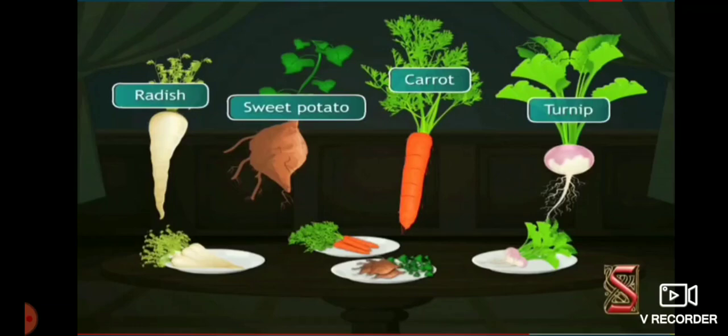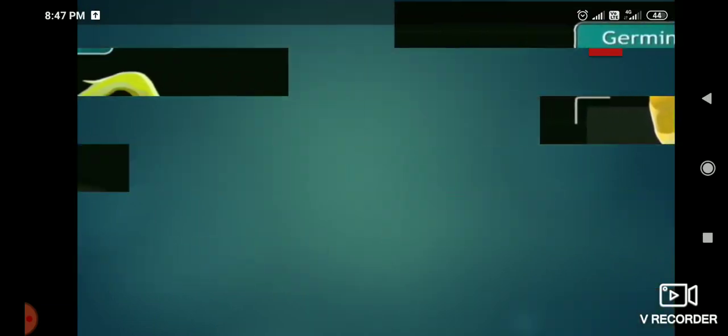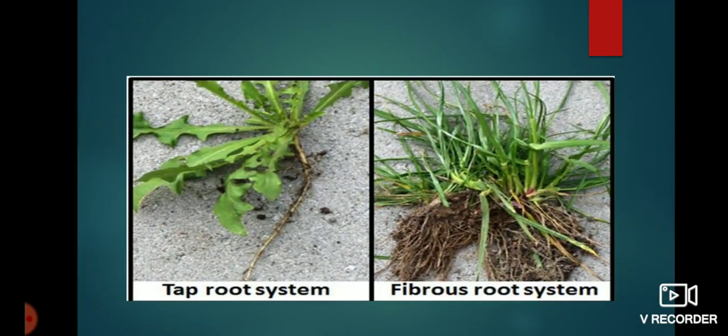So, we studied about roots in detail. Let us wind up that. In taproot system, which will be the leaf venation? Yes, reticulate venation. So, without pulling out a plant, by checking its leaf, we can understand whether it has taproot or fibrous root.